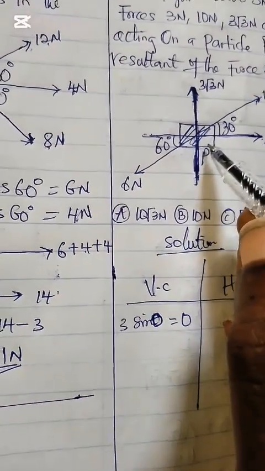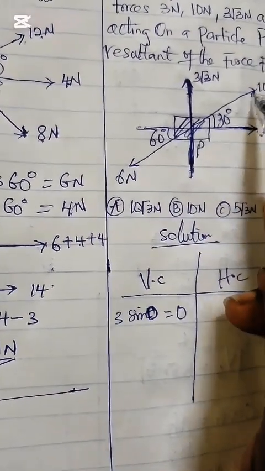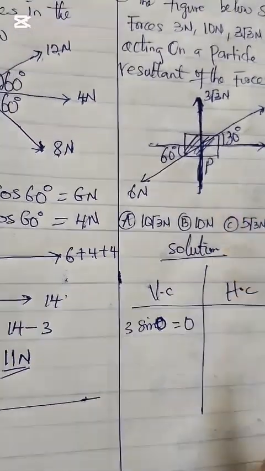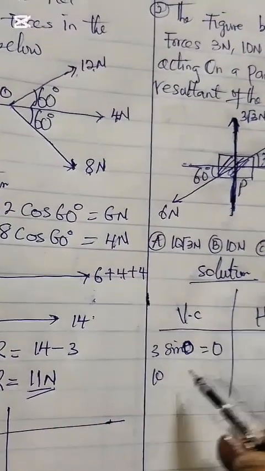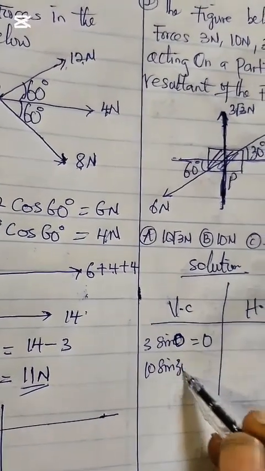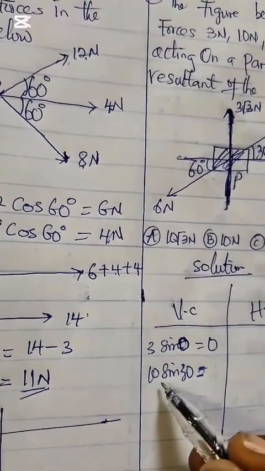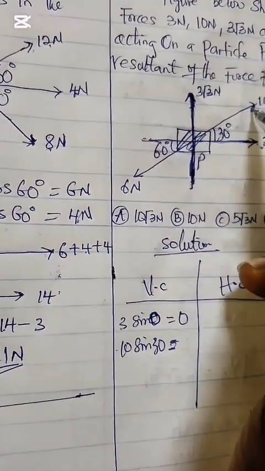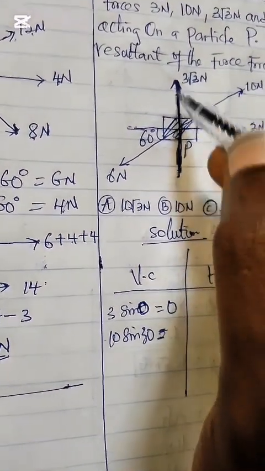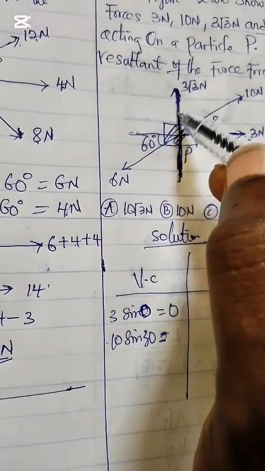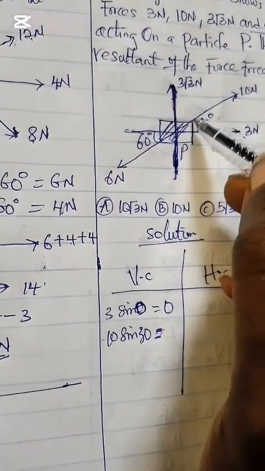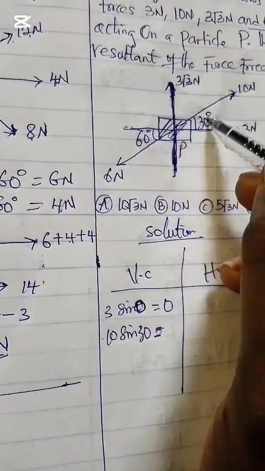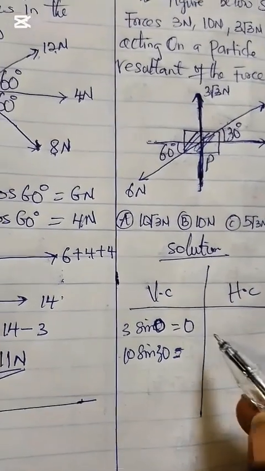Then I come to the next one, which is 10. The angle of inclination of this one is 30 degrees. So 10 sine 30 degree. Why did I use plus here? Because this will now be resolved to the positive direction because it is closer here than here. So 10 sine 30 will be equal to 5 Newton.